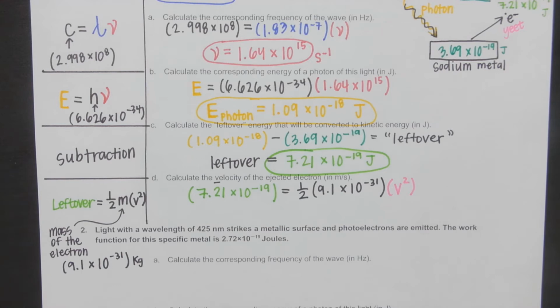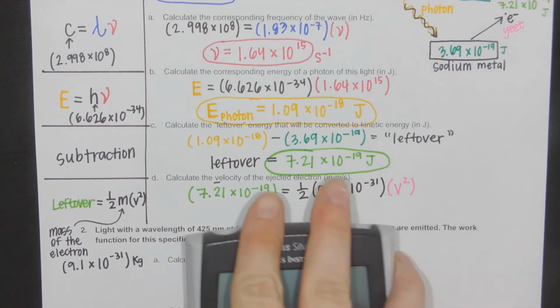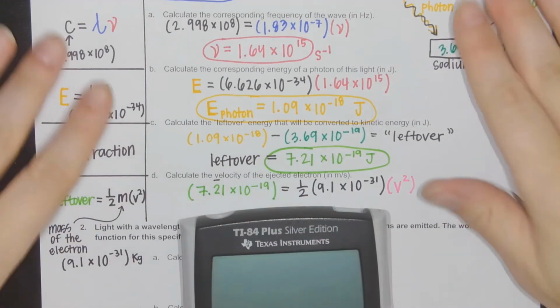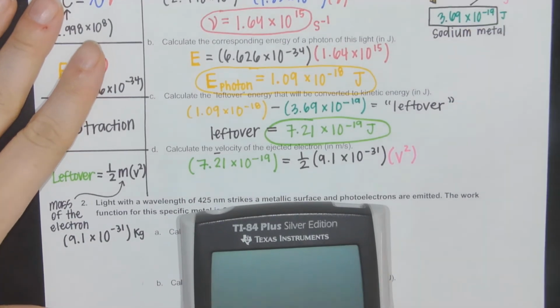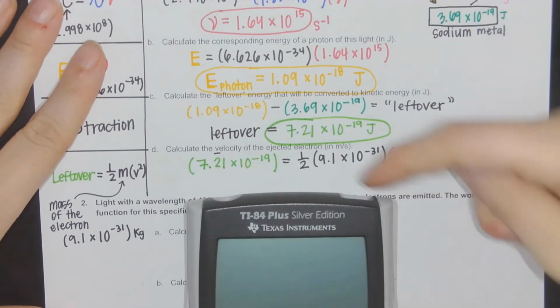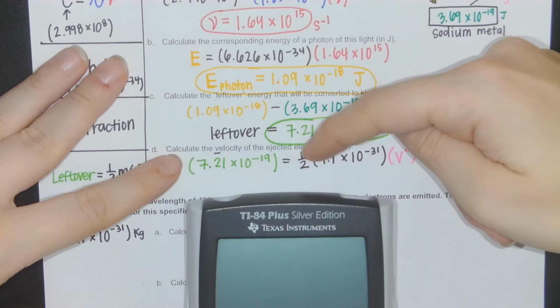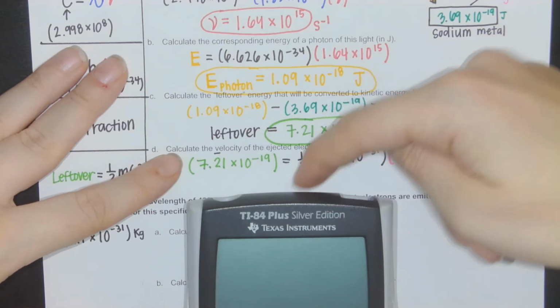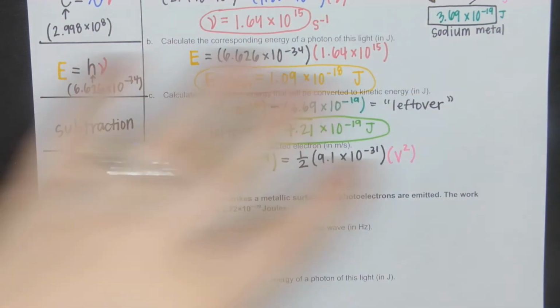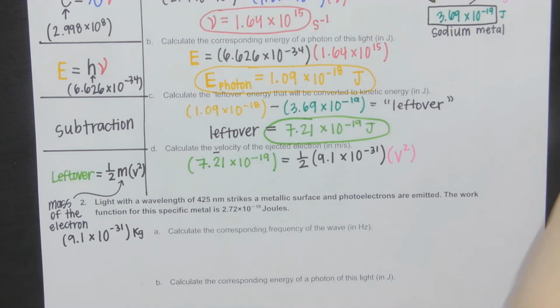This calculation is a little bit tricky. So first what we're going to do is get rid of the 1/2 on this side. I'll write it out for you. Get some new scratch paper.